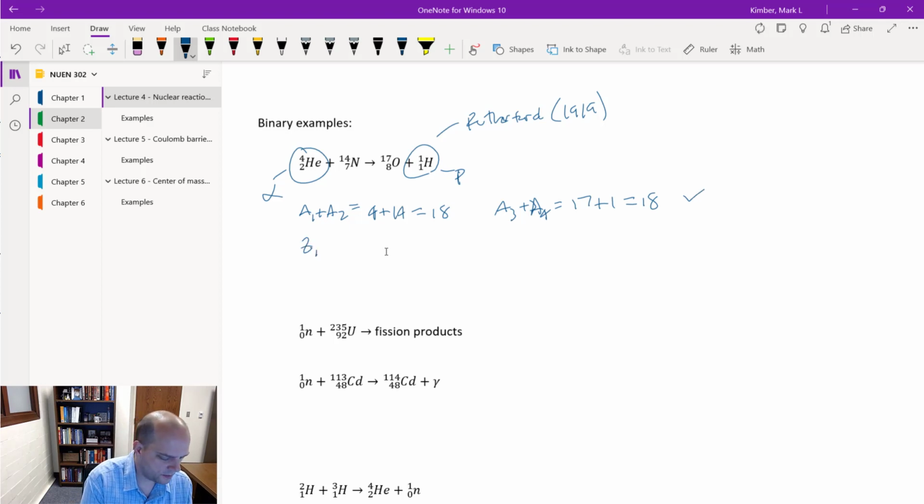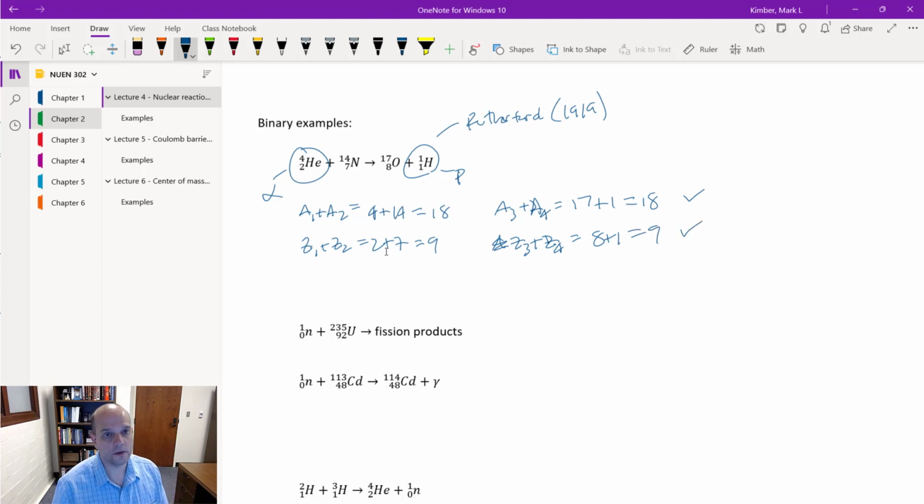And then Z1 plus Z2 is 2 plus 7, equal to 9 on the reactant side. And not surprisingly, Z3 plus Z4 on the product side is 8 plus 1, also equal to 9. So we've got those first two conservation statements satisfied.